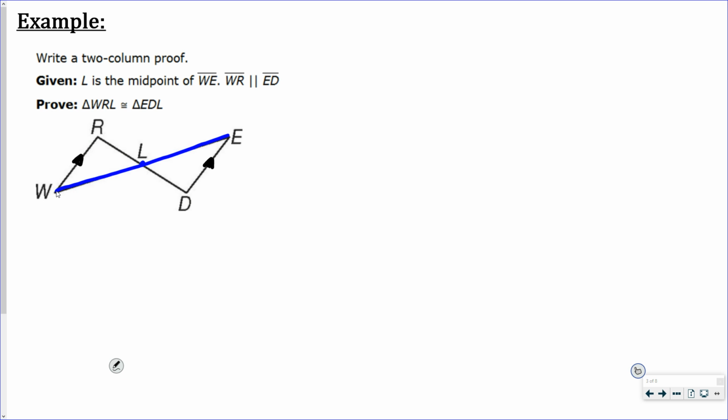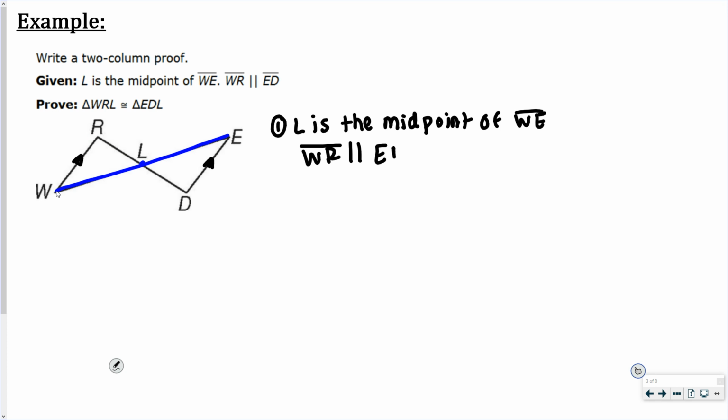All right, so first we got to state what's given to us. L is the midpoint. It's always good to kind of look where you're going to, see what you're trying to prove. So 2 things are given to me. I have to state them both. There's my statement, reason, given.